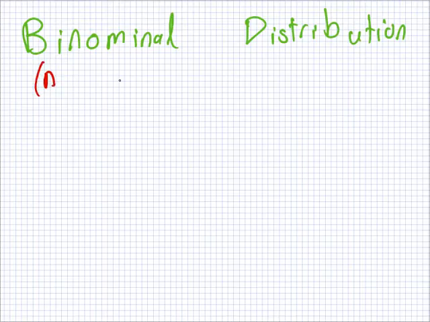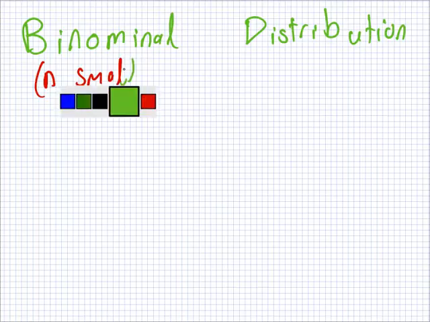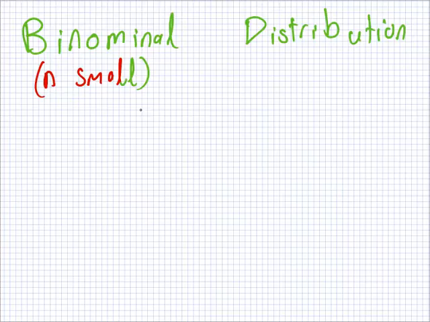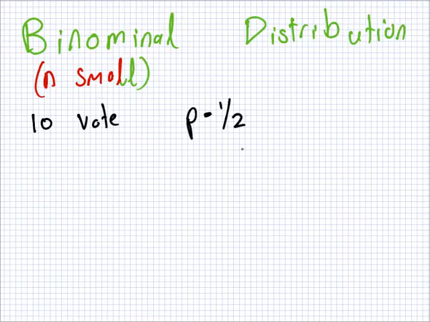So what I meant by that is, for example, suppose you had 10 people voting, so you had a vote of 10 votes, and the probability of a pass is 1/2. And suppose I want to calculate that the yes will win. So how many yeses do I need for it to win? At least 6. I could have 7, 8, 9, 10.